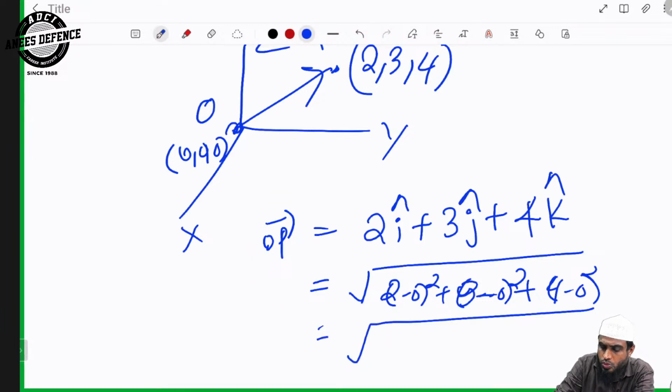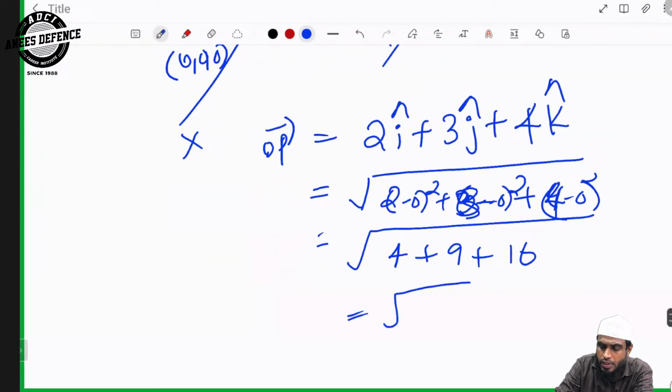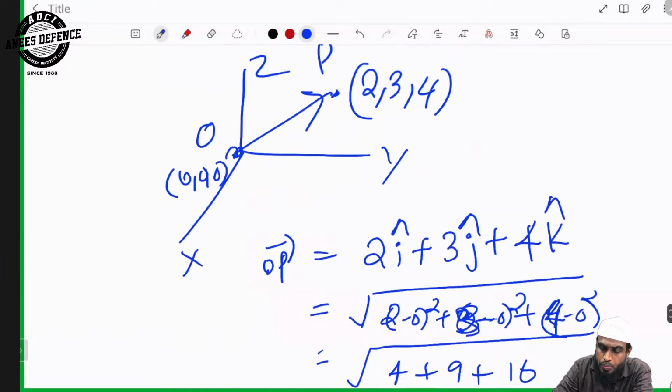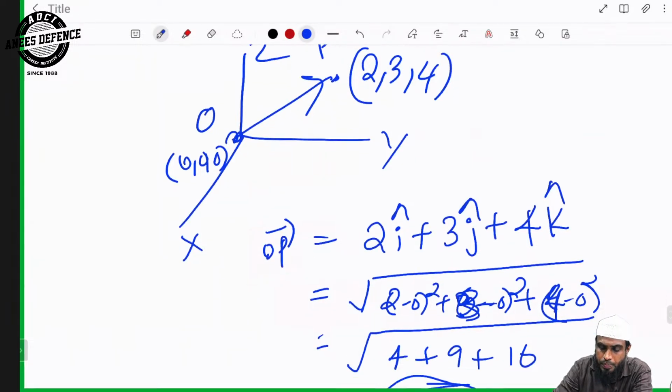So we will be getting 2 square 4, 3 square 9, and 4 square 16. So 16 plus 4, 20, 20 plus 9, we will get root of 29. That is the length of OP, or the magnitude of the vector OP.